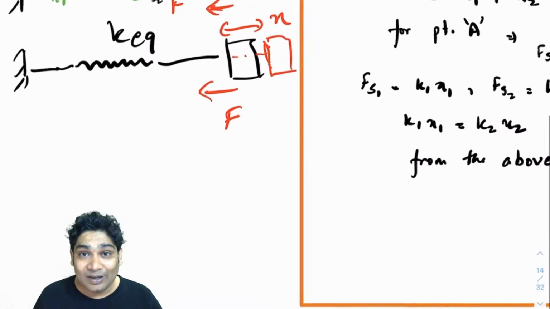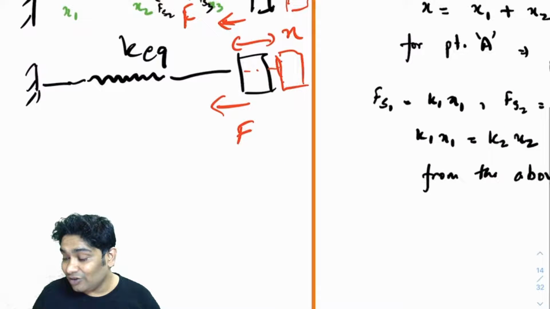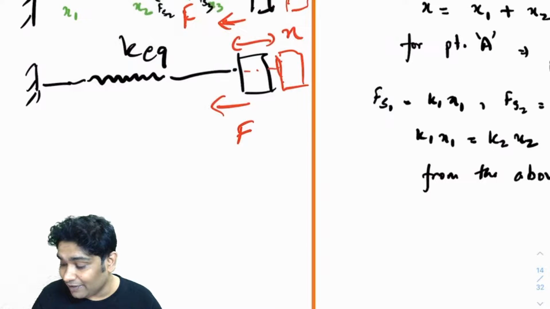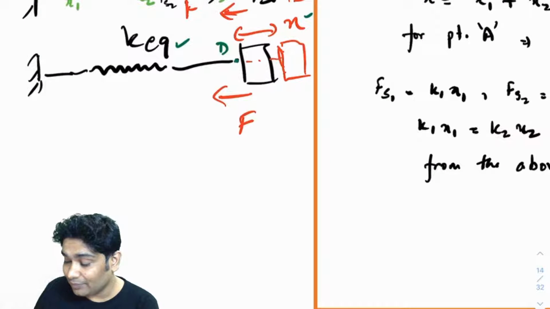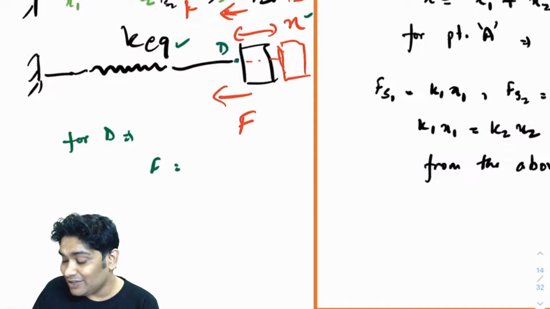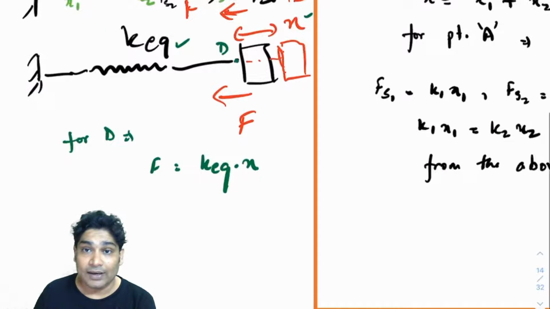Now let's look at this. Here, for this spring, what can I say? If I look at this point connected to this single spring, the elongation is again x. So for point D, I can say that F is equal to K equivalent times X. All right.